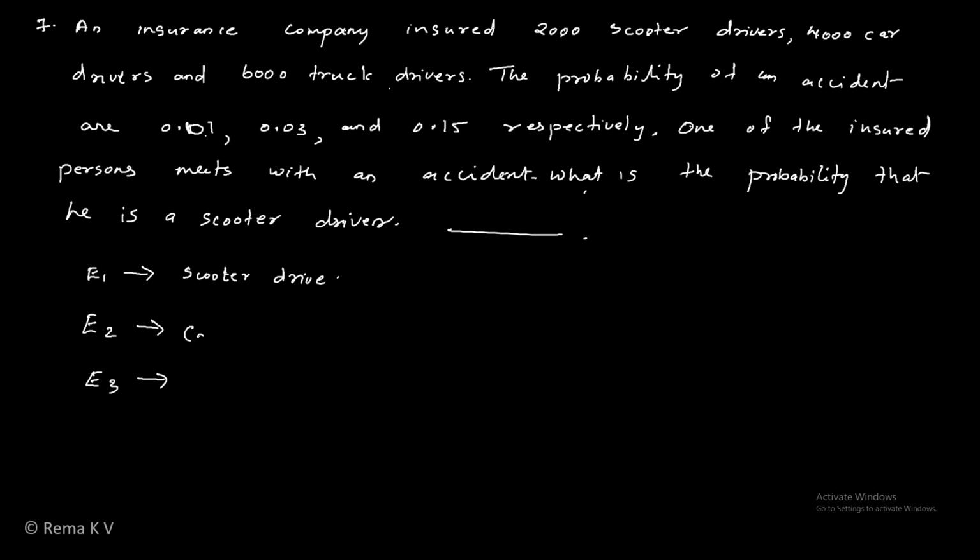Then E2 is a car driver, and E3 a truck driver. So you can write probability of E1, probability of E2, and probability of E3. What is probability of E1?